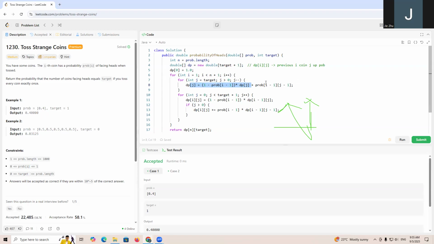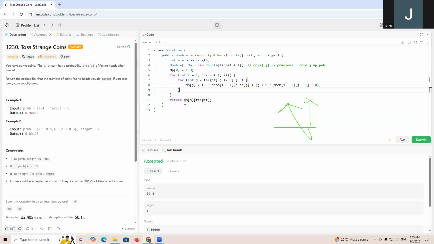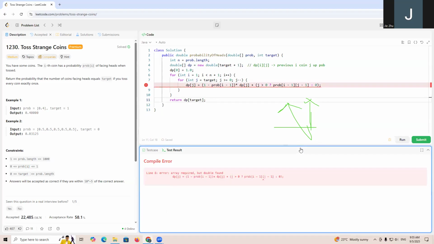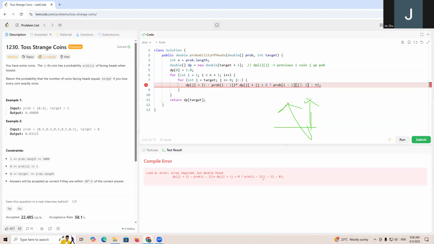We can write this j greater than 0, and otherwise this is 0. So we can put this into one dimension.